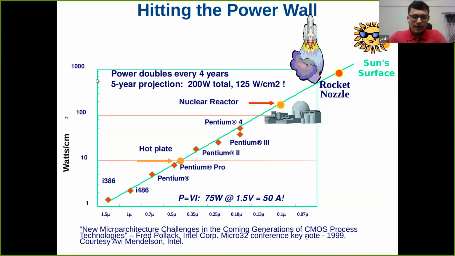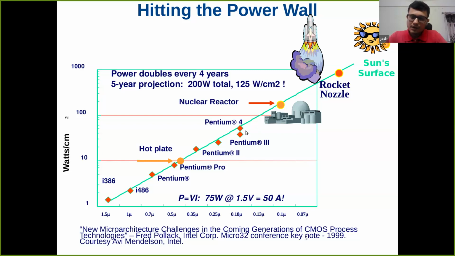And this chart shows the amount of heat dissipated on the y-axis and the processor technology on the x-axis. So as you can see here, the heat dissipated is increasing from I386, from I486, and so on till Pentium. And this is the extrapolation of this chart.